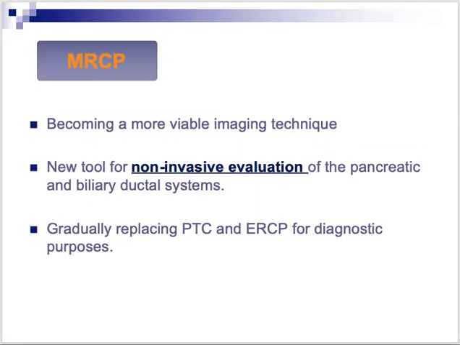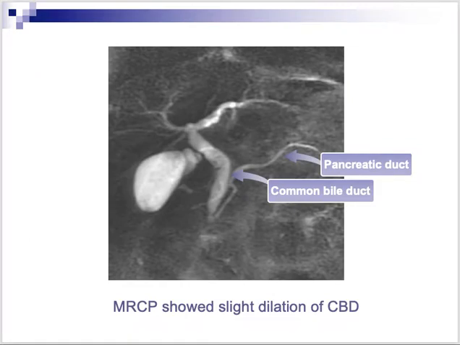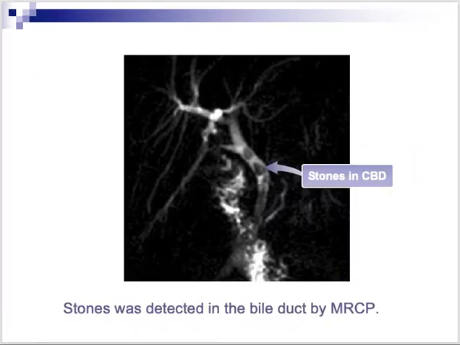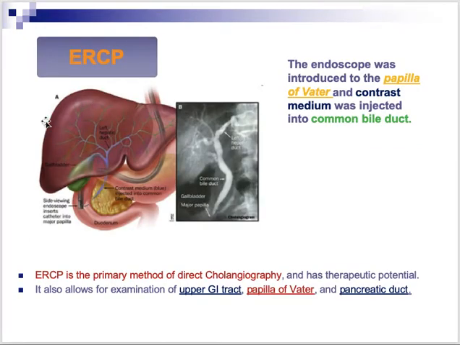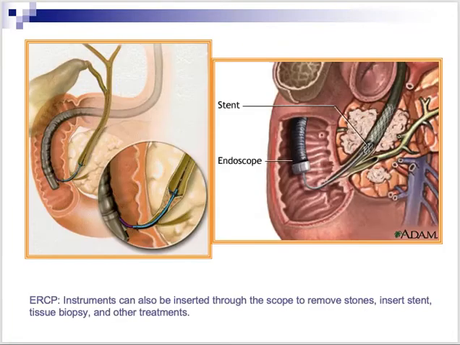Then I talked about the different types of investigations which are very specific to the gallbladder: magnetic resonance cholangiopancreatography, MRCP, as well as ERCP, which is endoscopic retrograde cholangiopancreatography.